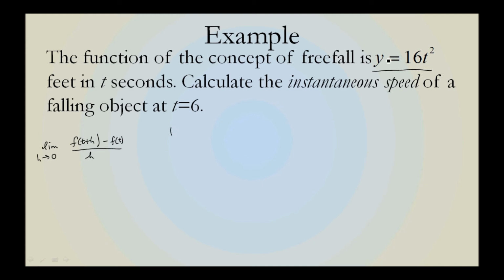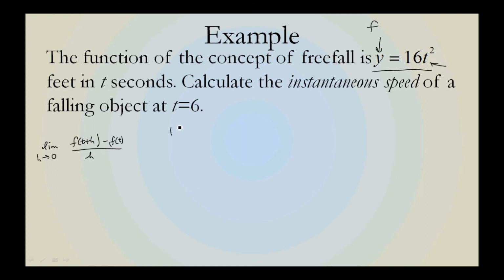So the function f here and y here are the same; y is really equal to f. So when we put t plus h in the function f, we're really putting t plus h in for t here.